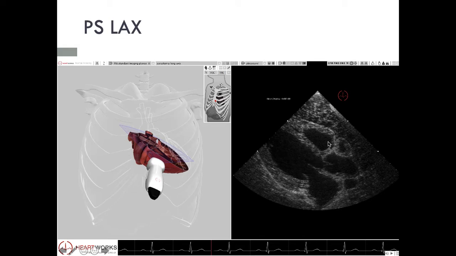And in this view, we'll see most anteriorly the right ventricular outflow tract, which is anterior to the aortic valve. And we can see the LV outflow tract and the mitral valve, left atrium, the most posterior structure in the heart.